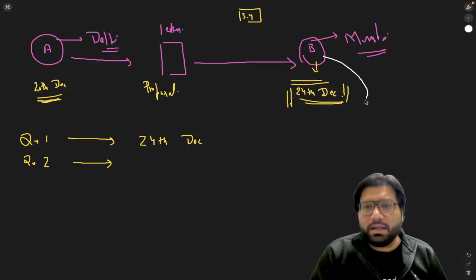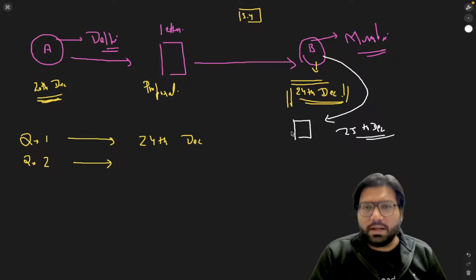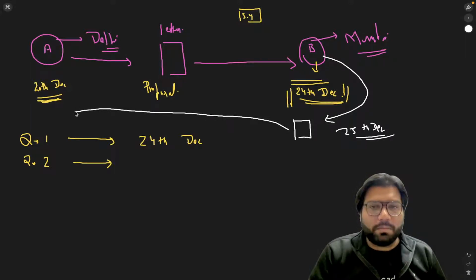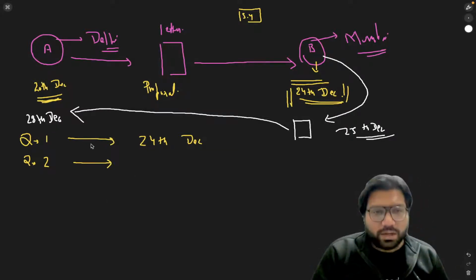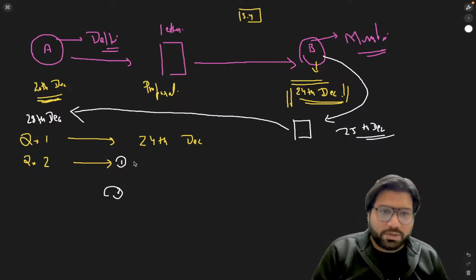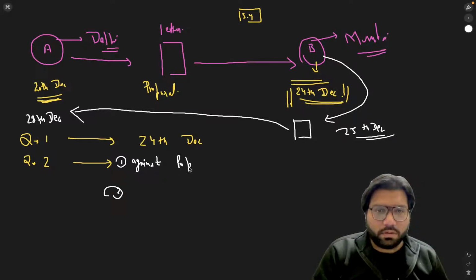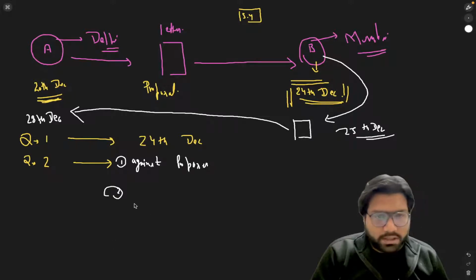If Mr. B writes a letter of acceptance on 25th December and posts this letter, and this letter reaches Mr. A on 28th of December, the question is when the communication of acceptance is complete. There can be two answers to this: communication of acceptance against the proposer, and the next one, against the acceptor.